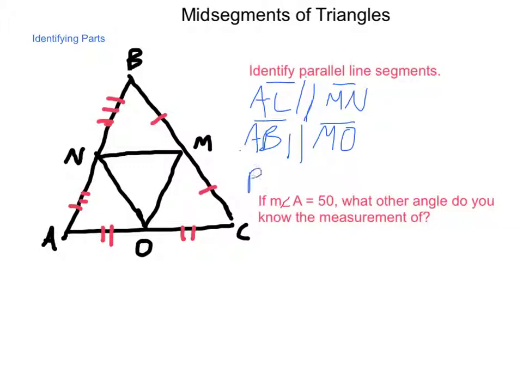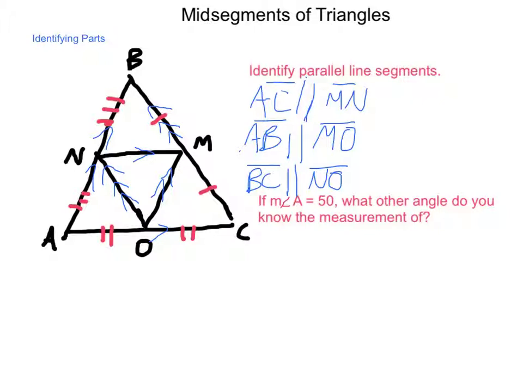And last, BC is going to be parallel to NO, because those are the sets that are made of connecting the sides that are not the one we're talking about. So we have parallel lines showing up here and here, here and here, and last three lines here, or 3 arrows here and 3 arrows here.